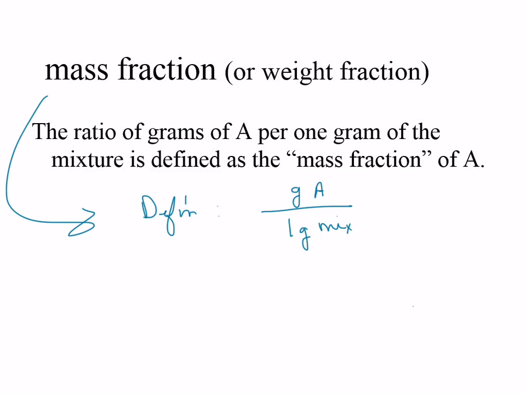That's what it means. And how do you calculate it? Basically, you take the number of grams of A and you divide it by the number of grams of mixture. And you don't multiply by 100%. That's it, mass fraction.